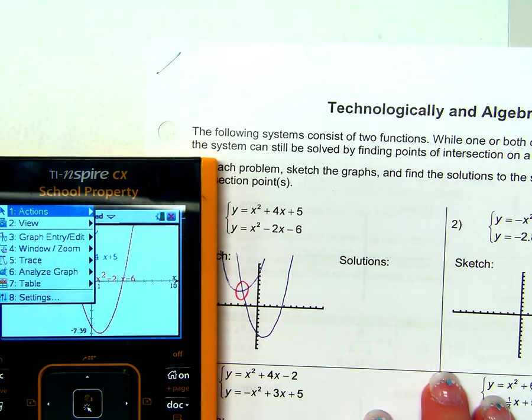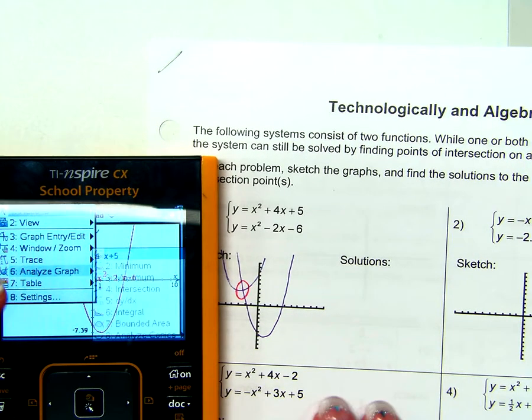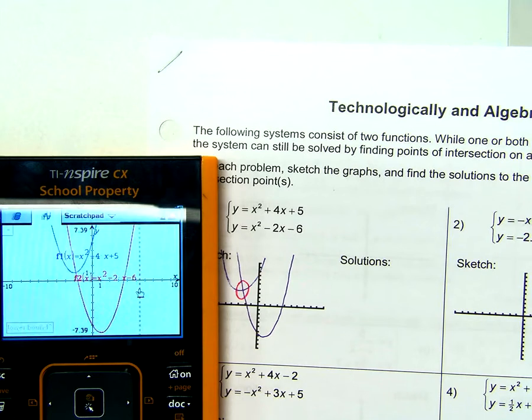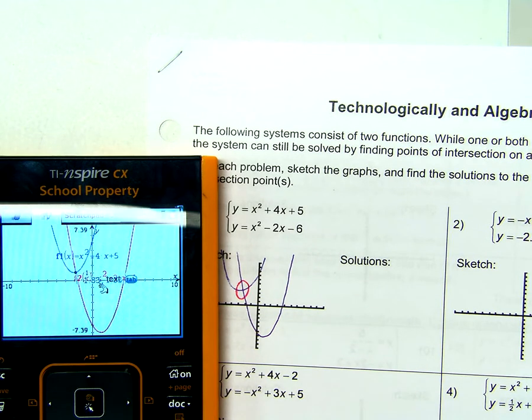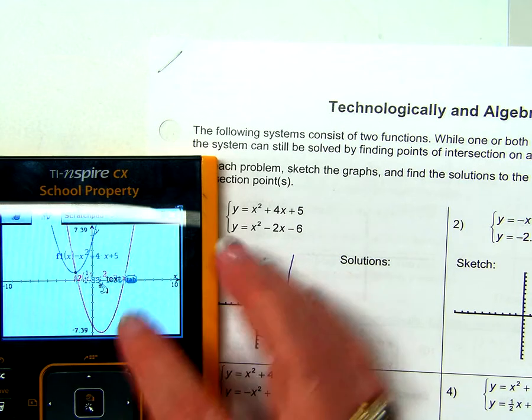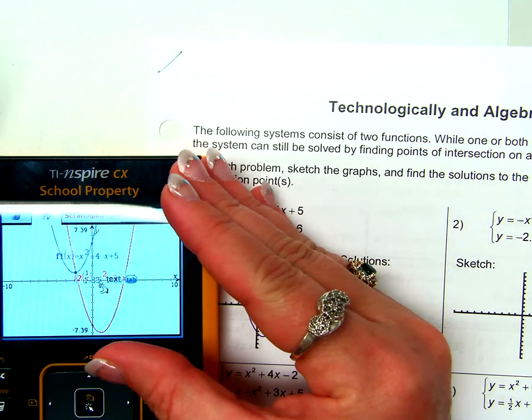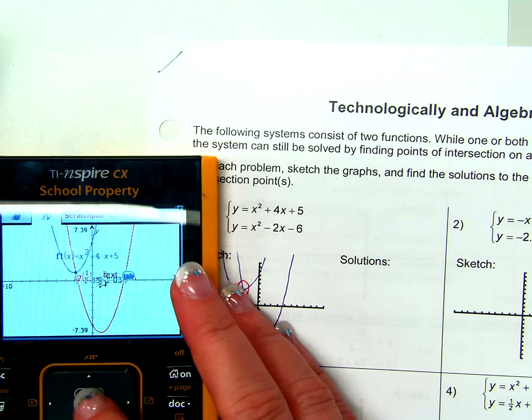Menu. Analyze. The intersection. There's only two graphs here, so I just have to get this on the left-hand side of the intersection and on the right-hand side of the intersection. Now, some of you can see yours very easily. I cannot. So remember that I can put my hand over the point that I want to grab.